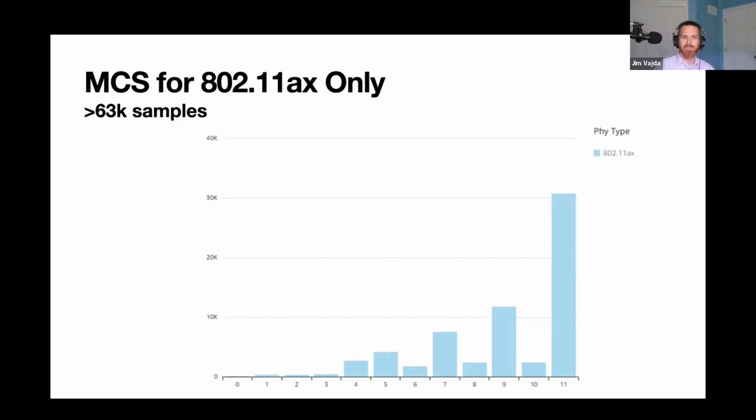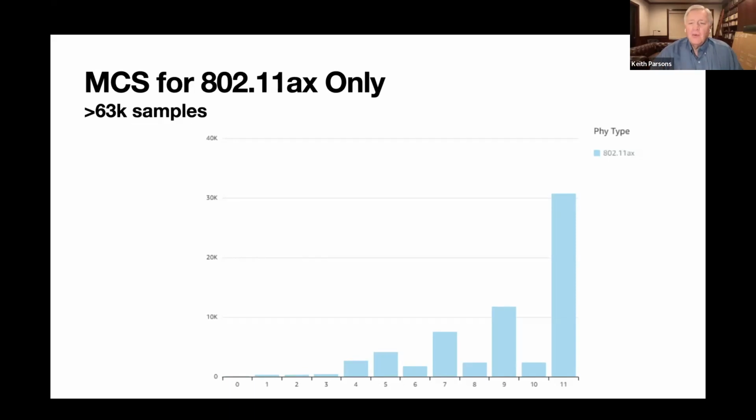There are better radios, better filters, better amps, better transmitters, and better receivers that are resulting in 1024 QAM. Maybe 4K QAM is within the realm of possibility with Wi-Fi 7. So we'll see that, but this shocked me.